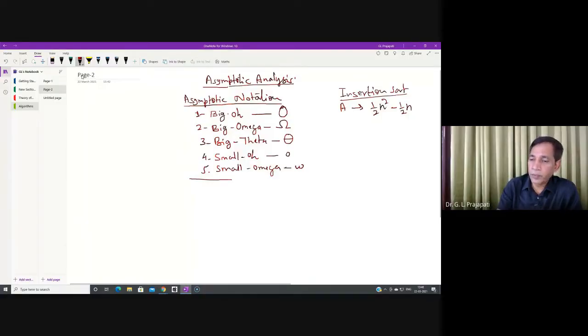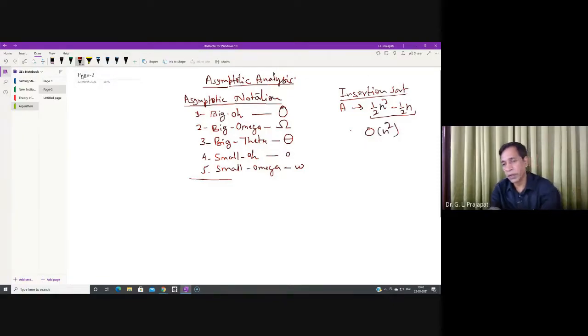For denoting the complexity of insertion sort, we do not use this kind of equation. You simply say that the insertion sort will take time of order n square, and this is the big O of n square.